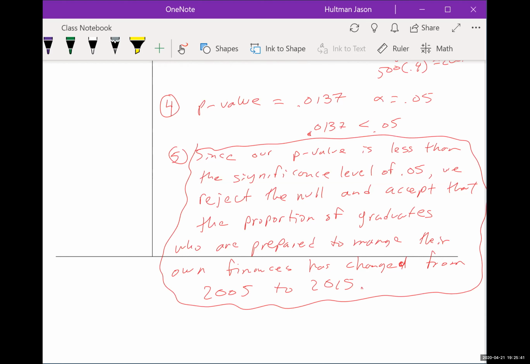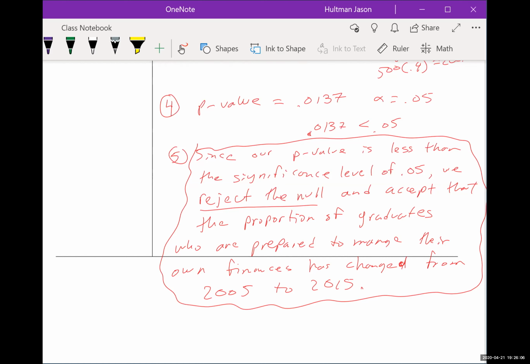Okay, don't just tell me that you reject the null. Reject the null is not a conclusion. You will get marked off for that on the exam. It has to be placed in the context of the scenario. What is the rejecting of the null telling me about the original problem, about the original claim? It means that the original claim here was bogus.